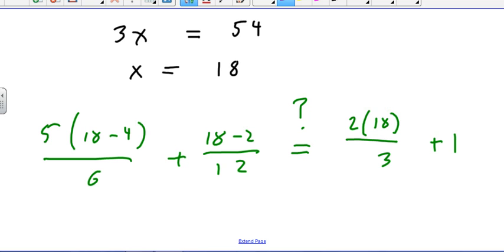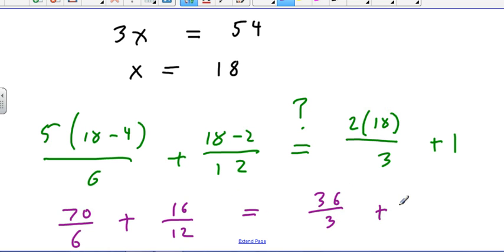All right, well, that's 5 times 14. 5 times 14 would be 70. 70 over 6 plus 16 over 12 is supposed to equal 36 over 3 plus 1.